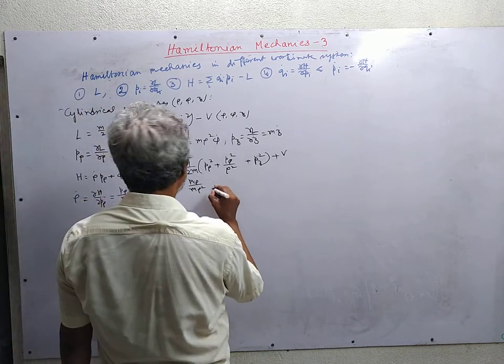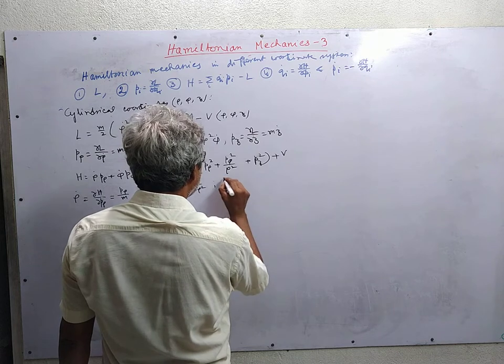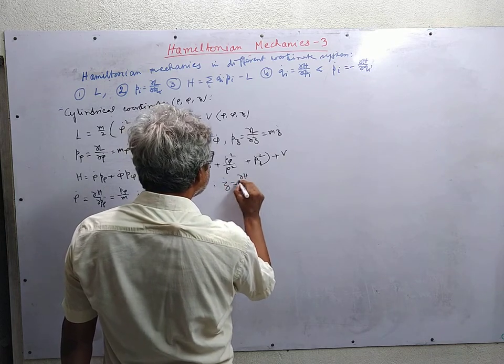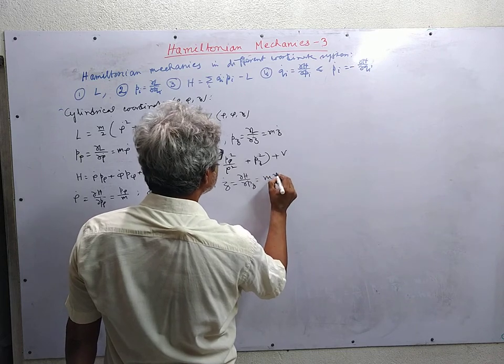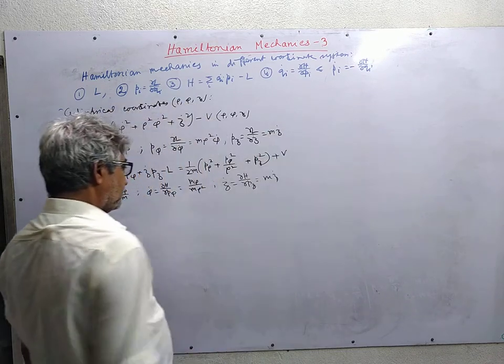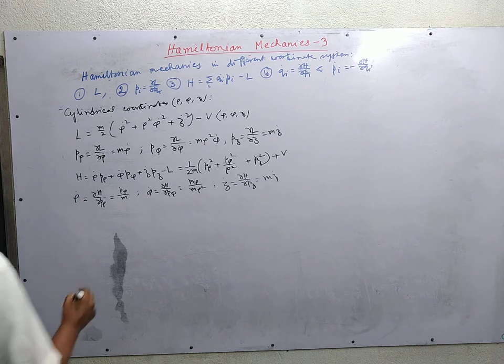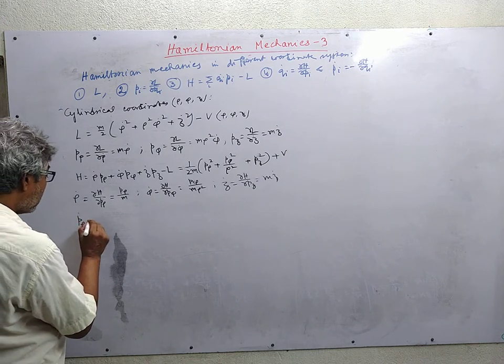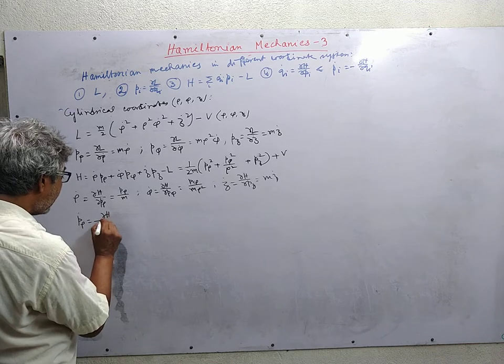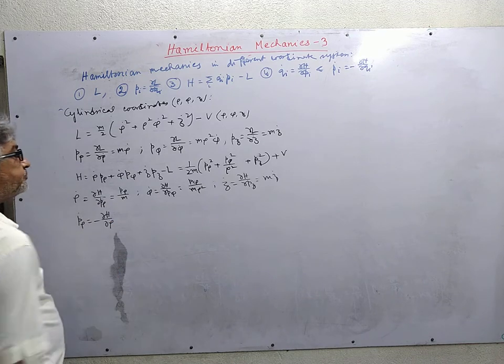and z dot is equal to del H del pz, which is pz by m, equal to this equation. Now coming to p rho dot. P rho dot is equal to minus del H del rho.